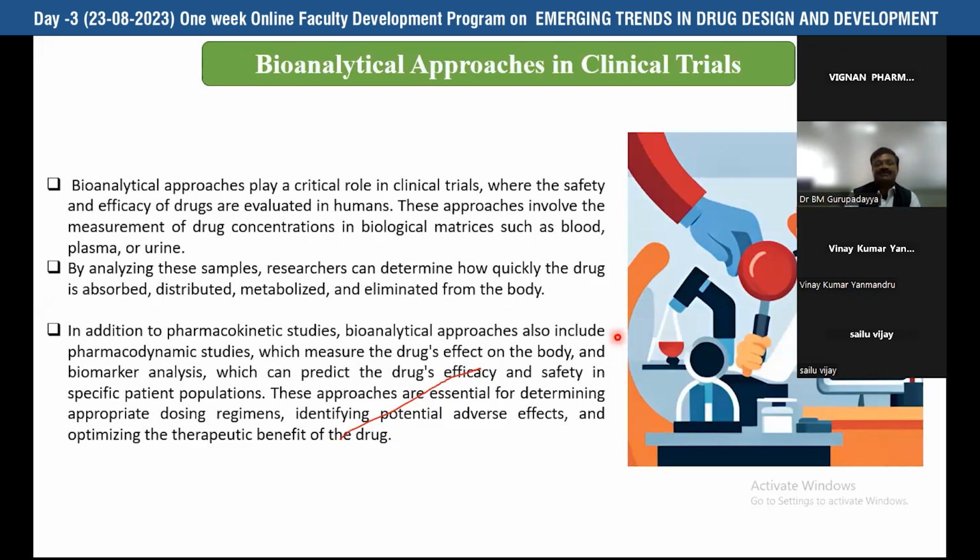These approaches involve the measurement of drug concentration in biological matrices, such as blood, plasma, or urine. By analyzing these samples, researchers can determine how quickly the drug is distributed, metabolized, and eliminated. In addition, pharmacokinetic studies and pharmacodynamic studies also give information on the drug's effect.